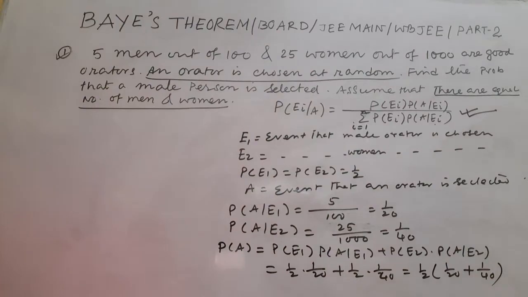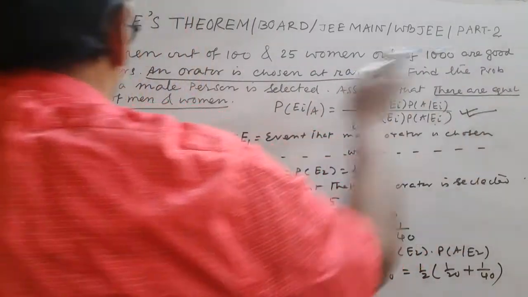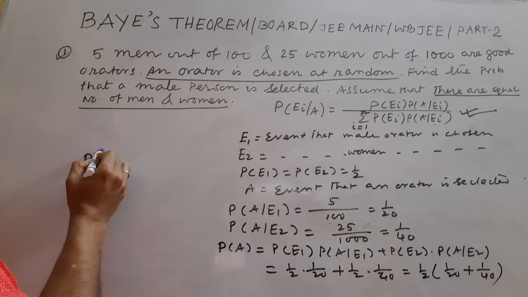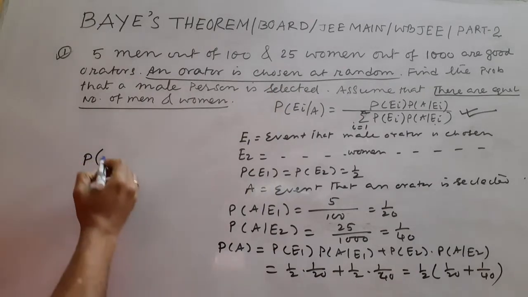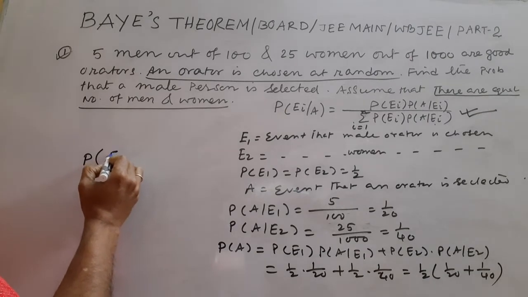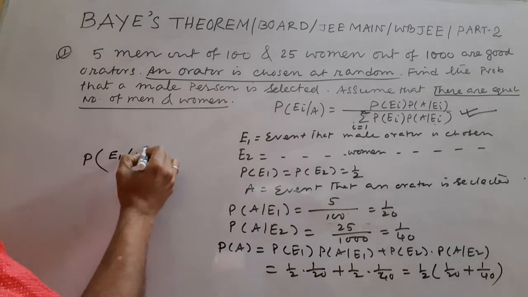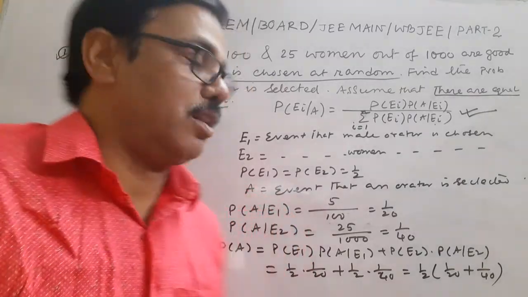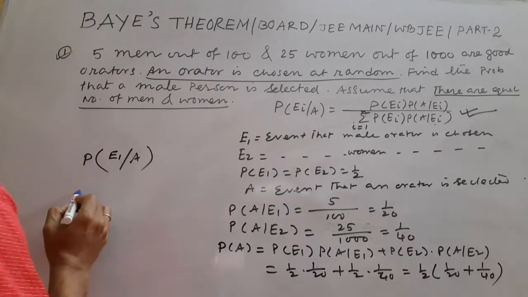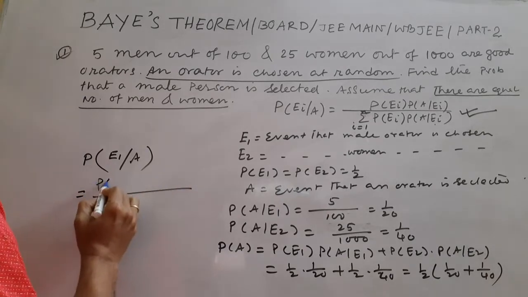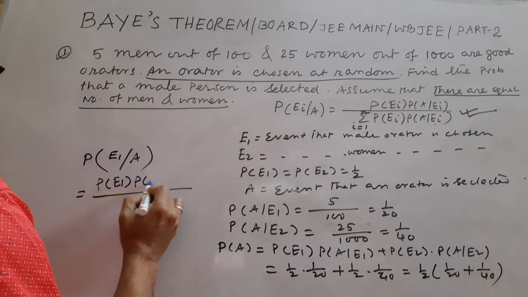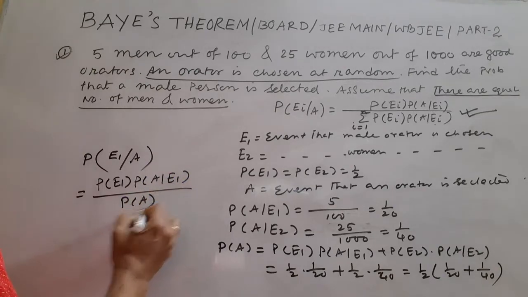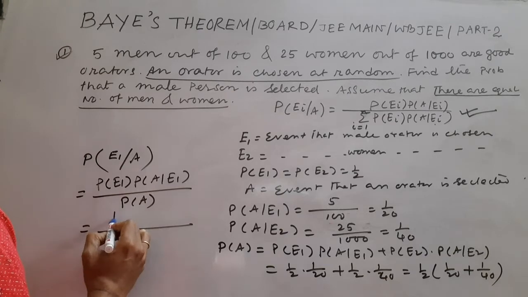Now, you have to find the probability that a male orator is selected. Probability of male orator, P(E1|A). Orator from male. So, P(E1|A) equals P(E1) into P(A|E1) by P(A). So, what is P(E1)? Half.